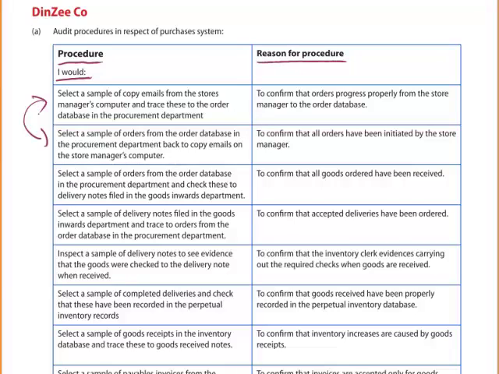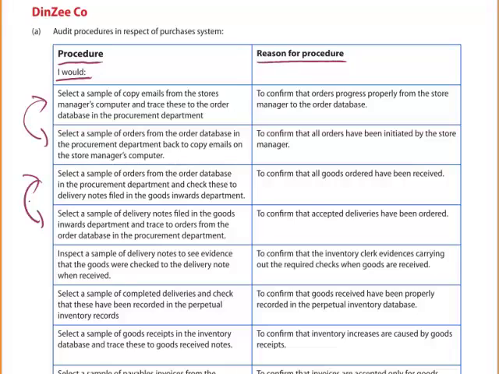We want to make sure that every email sent by the store manager produces an order, but it's also just as important to make sure that every order was effectively authorized by an email coming from the store manager. It's a two-way tracking that we discussed when we're looking at systems of internal control in the purchases and indeed in the sales system.